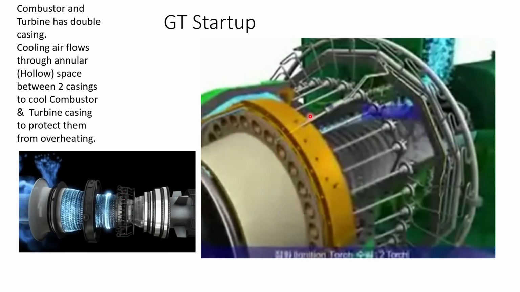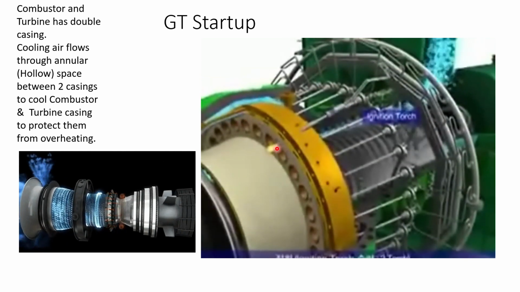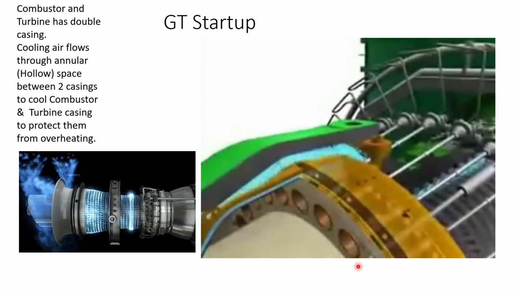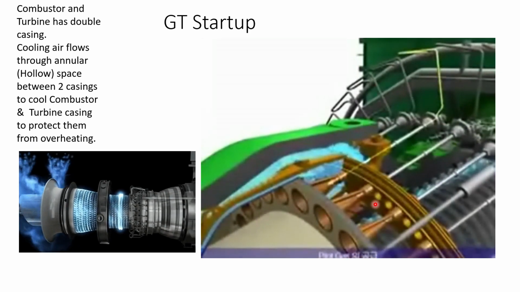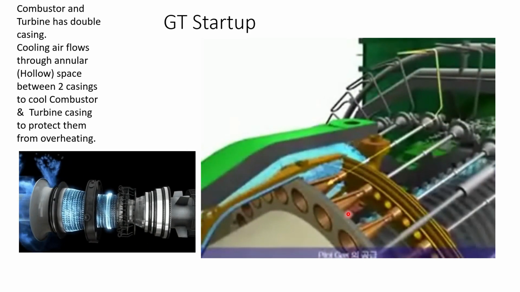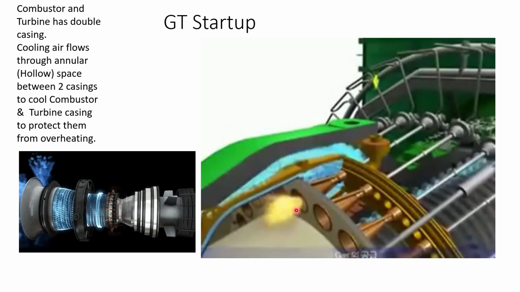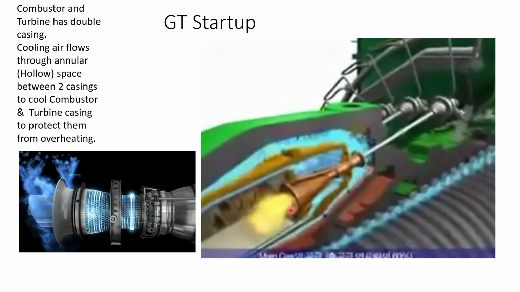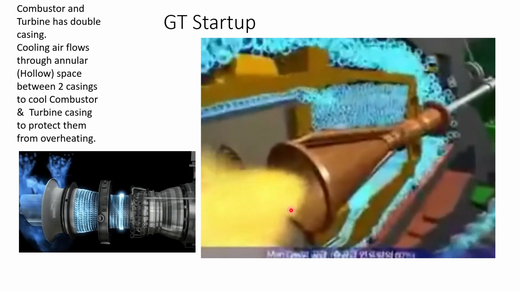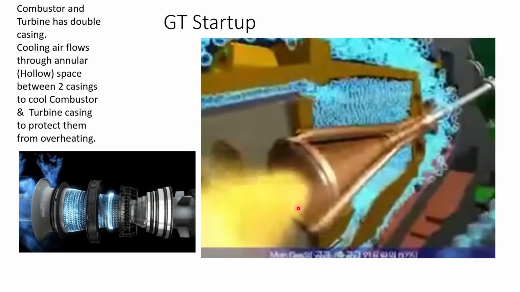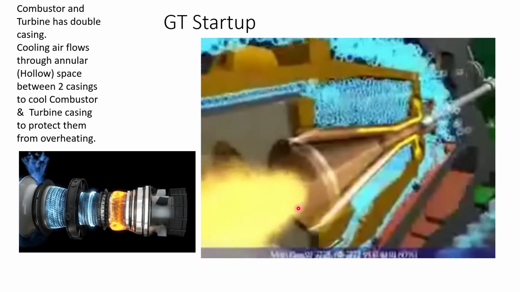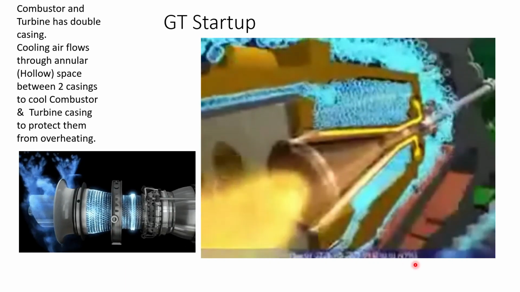Now you see the spark plug has started and now the flame will come. The fuel has now come and you see one burner has started, and slowly the flame will go through the crossfire tube and ignite all the burners.